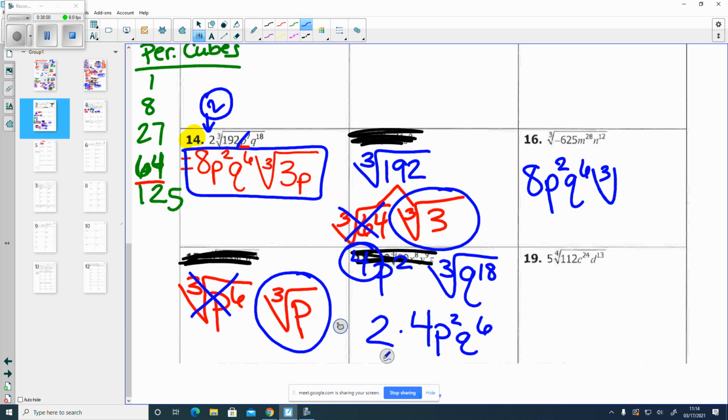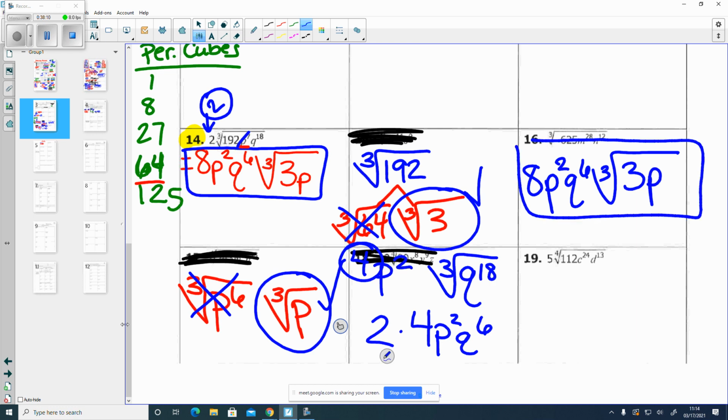And then what's left inside? We have a 3 here and a p here. And that's how we have our final answer. It's easier if you break them up.